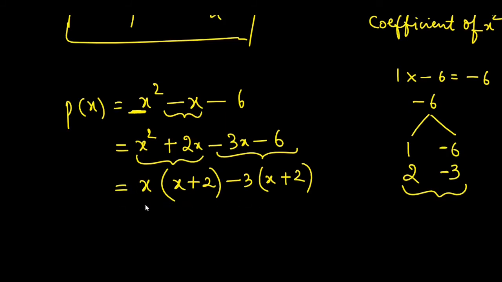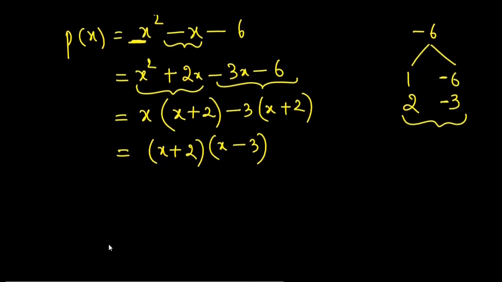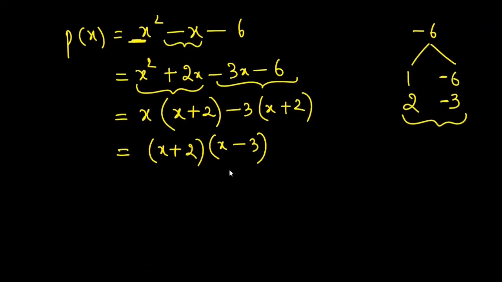In these two groups, x plus 2 is a common factor. So taking x plus 2 as a common factor, we remain with x minus 3. Now we have factorized the quadratic polynomial into a product of linear factors.